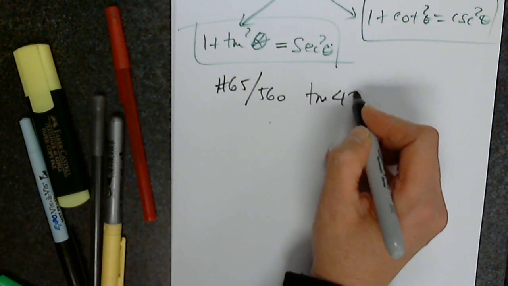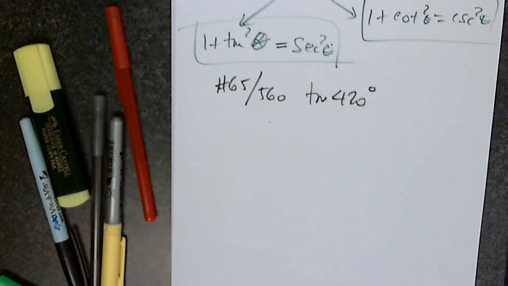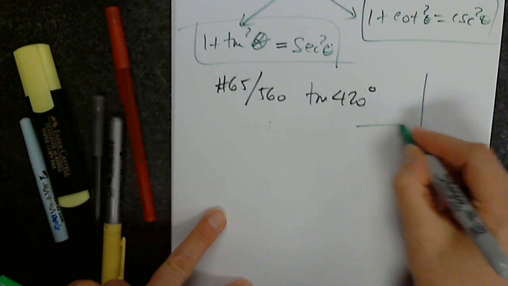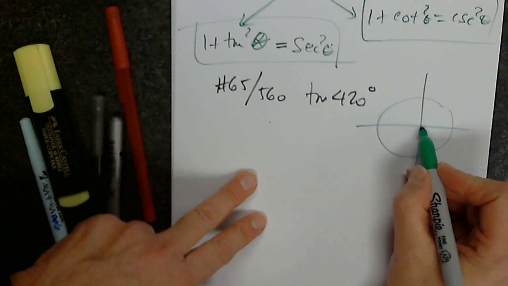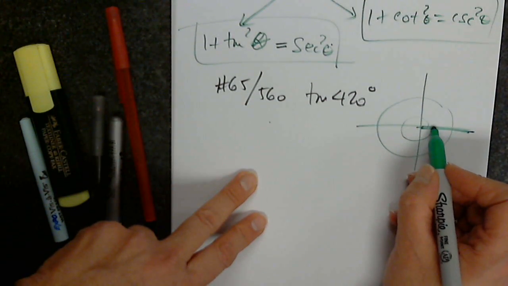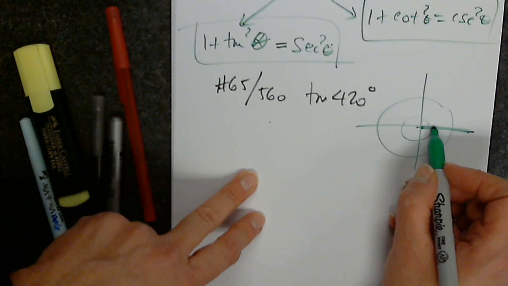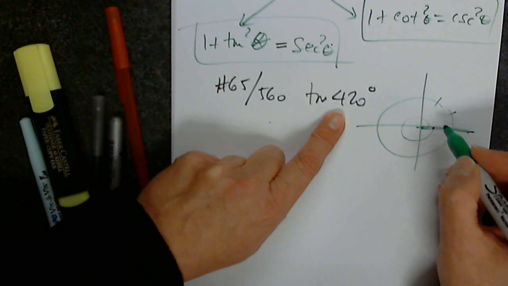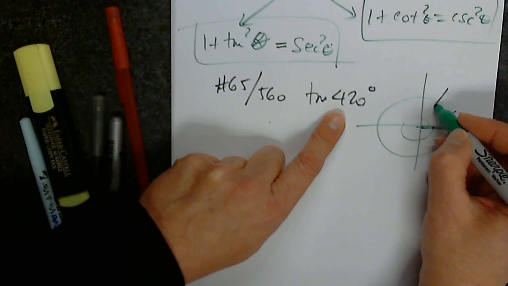Tangent 420 degrees. I have no idea what this is. I have to picture it first. Okay, so it starts here. 360 will be this. And how many more degrees I have to go further to get 420? 60 more. So it's this.